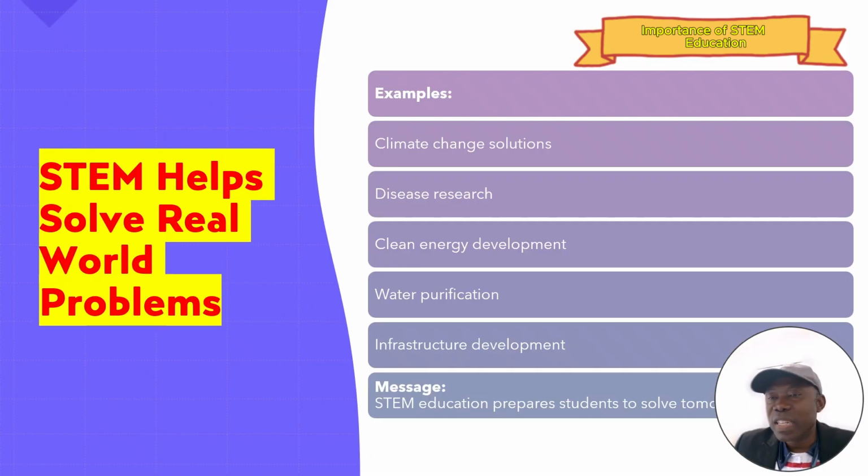So now the next thing we are going to look at is that STEM helps solve real-world problems. What problems does STEM help with? So there are some challenges, but what are some real-world problems that STEM helps to solve? One is climate change, disease research, clean energy development, water purification, infrastructure.